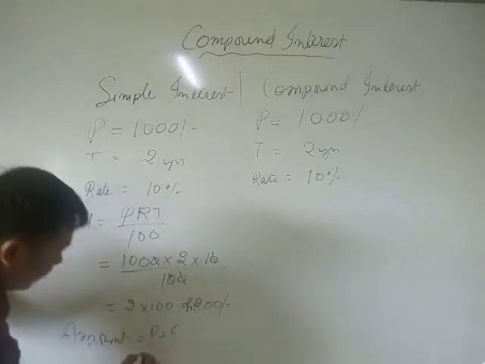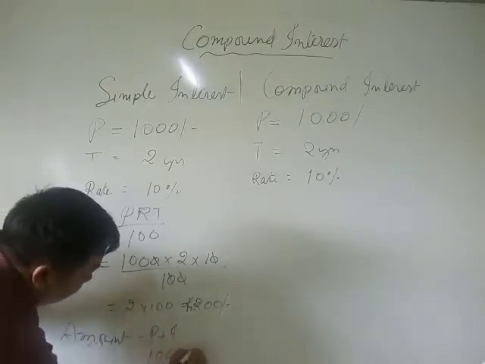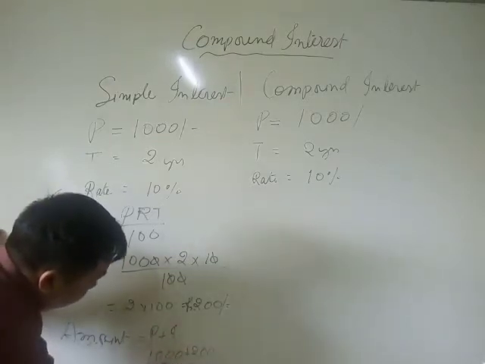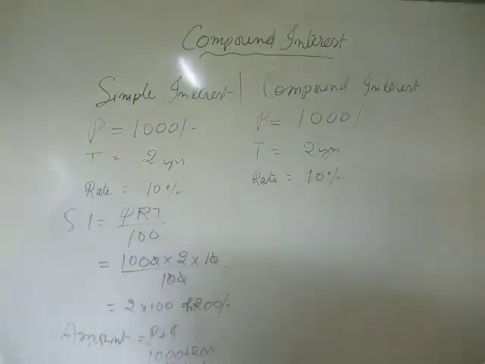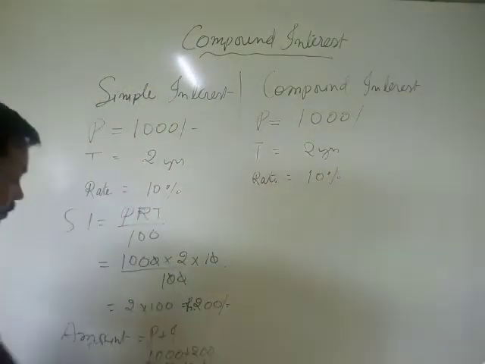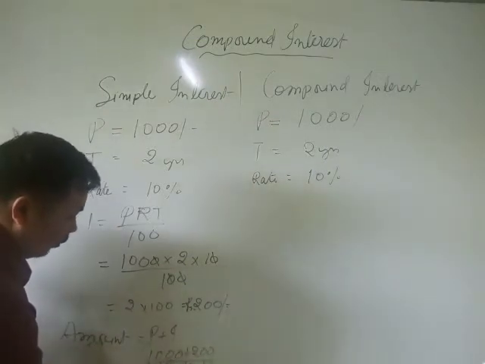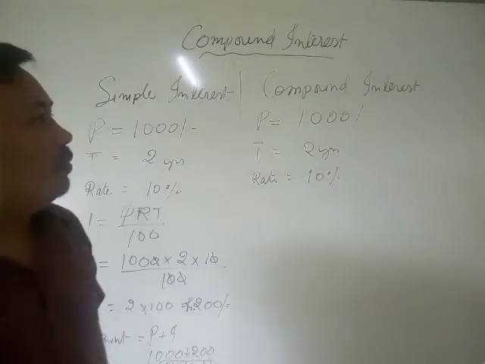Principal, how much is that? 1,000. 1,000 plus 200 is equal to rupees 1,200, the money you have to give to the person after 2 years, isn't it? And for your friend, let us see how much the total amount will be.